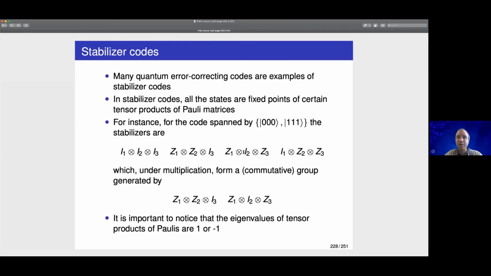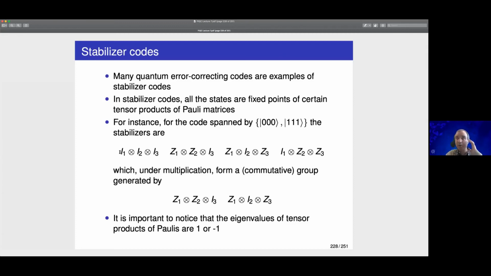And combining all these ideas, we can extend the number of operations or the definition of the code by studying which products of Pauli operations fix all the words that we are using in order to encode the logical qubits, okay?